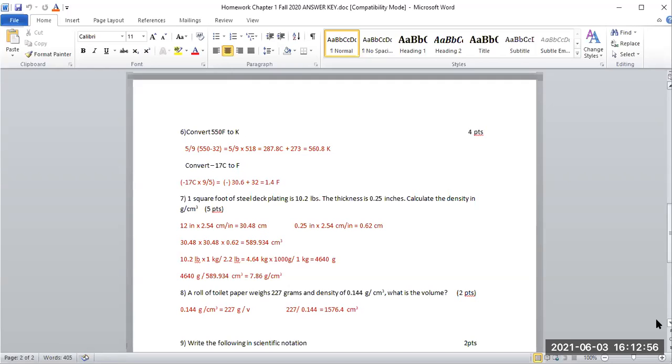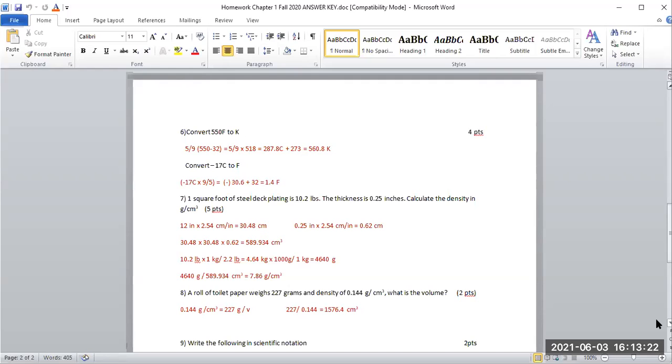-17 Celsius, converting over to Fahrenheit, first must be multiplied by the reverse fraction, 9/5, and you still have a negative value at that point. You have -30.6, to which you can then add, or Celsius rather.